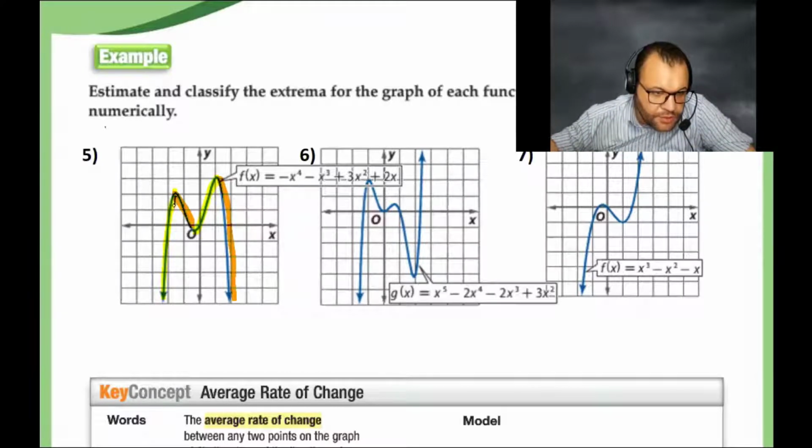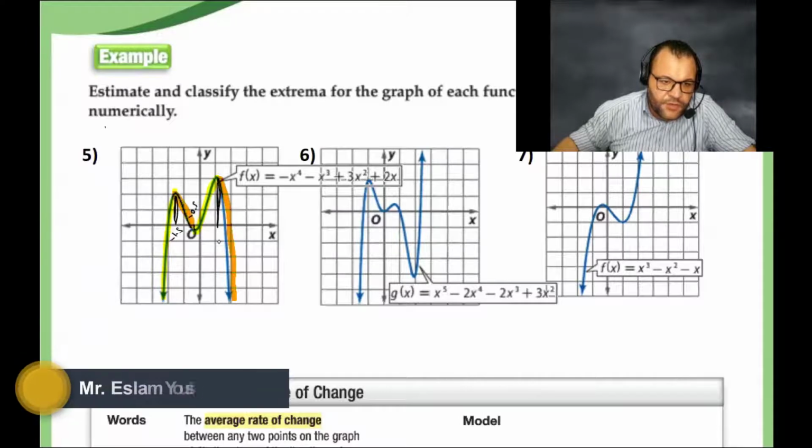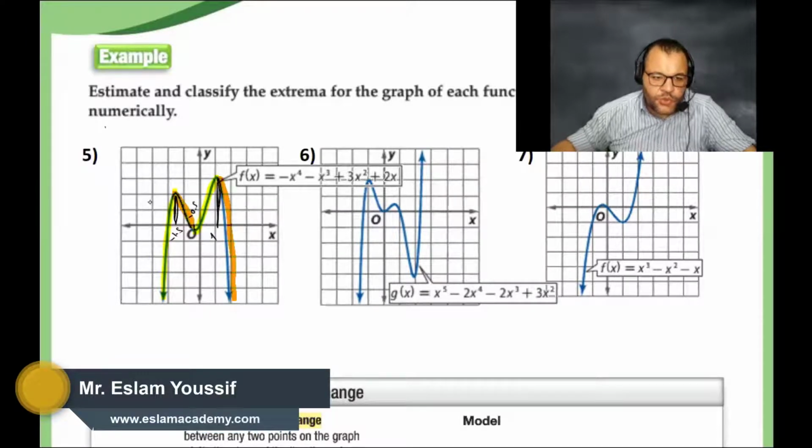That's what we will see. That's the first point, that is the second one, and that's the third one. We will round it to an approximate value. So at this point, it's approximately negative 1.5. This one is approximately negative 0.5. This one is approximately 1.